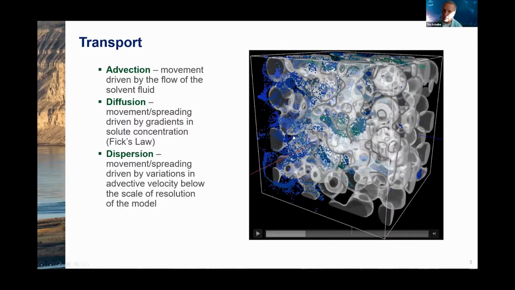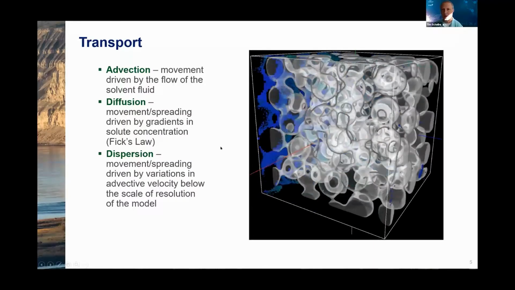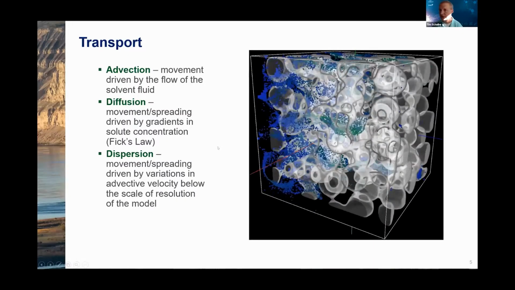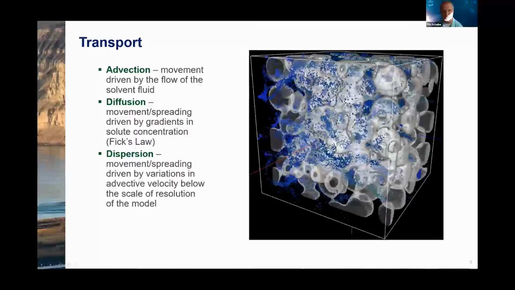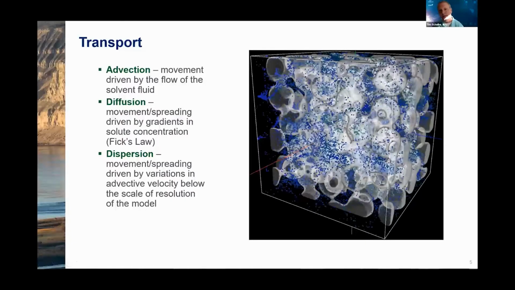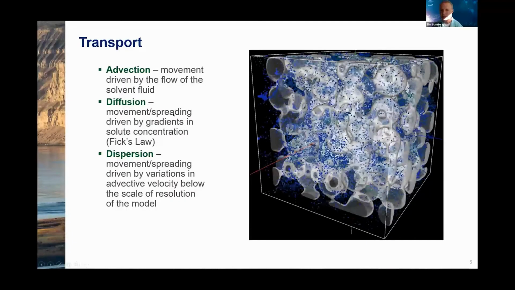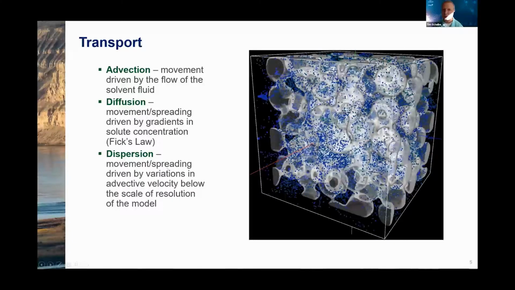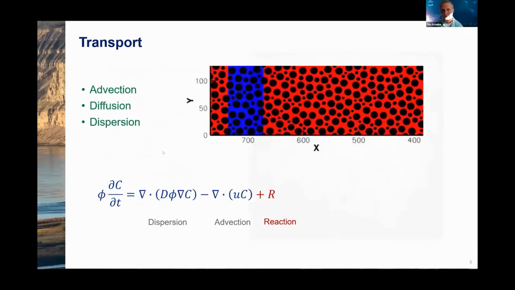So you may see some other models put forward that represent this dispersion in different ways than as a diffusion-like process. But most reactive transport models will represent these processes using these three representations. And most often, molecular scale diffusion is considered to be small relative to physical or hydrodynamic dispersion, and so they're lumped together into a single term.